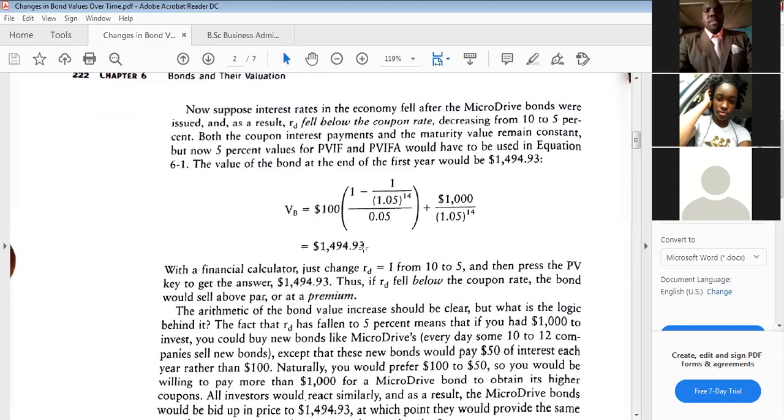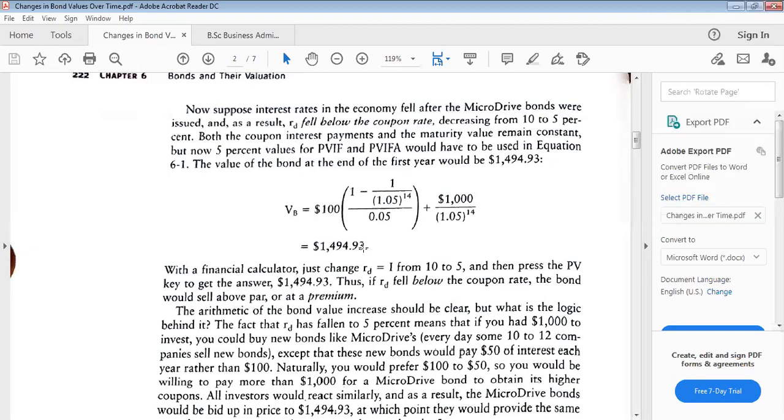All right, so the derivative of the bond value increase would be clear.